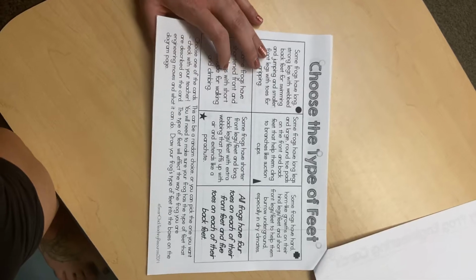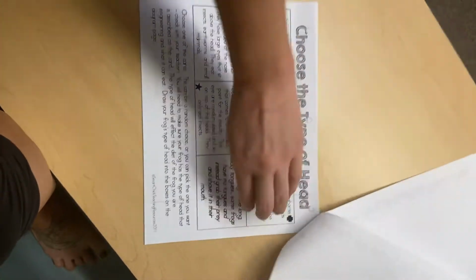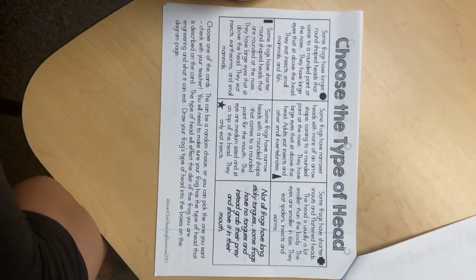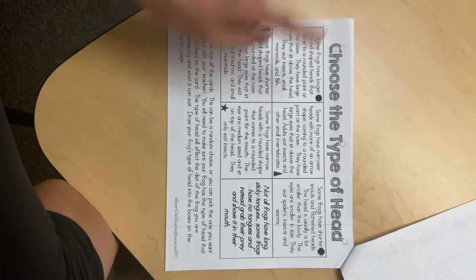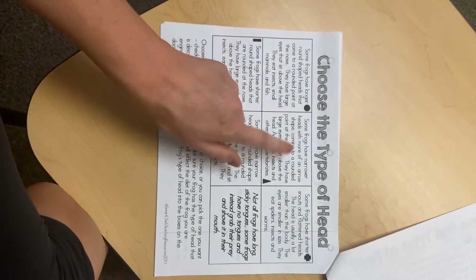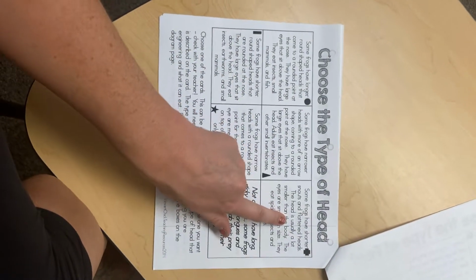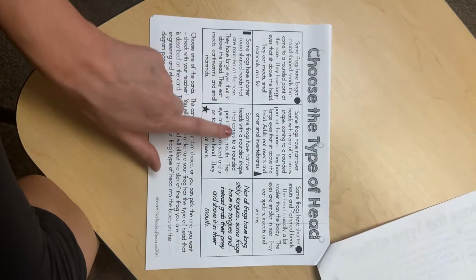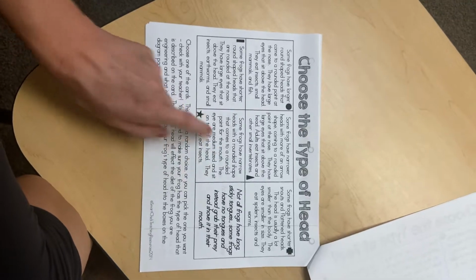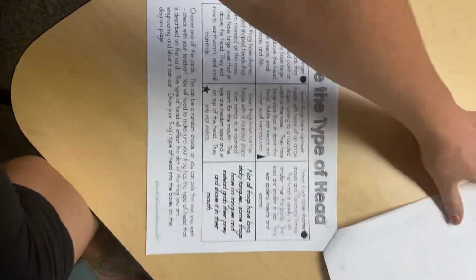And you can do the feet last. This is not specifically in order. You probably want to start with the head. On the next page, there are going to be descriptions of the different types of heads that frogs have. Don't worry about these symbols. You do not have to have them match.